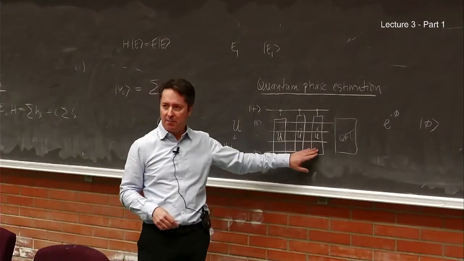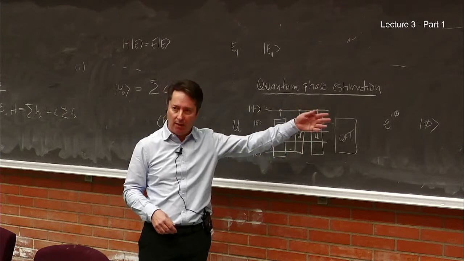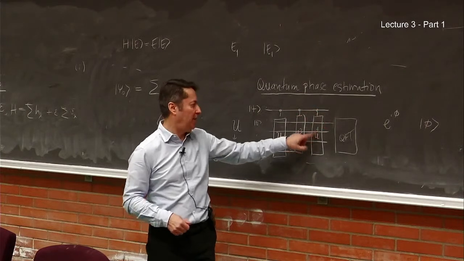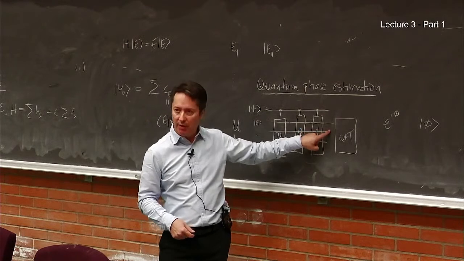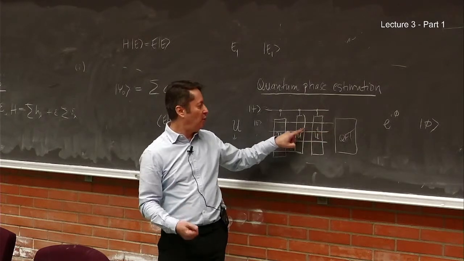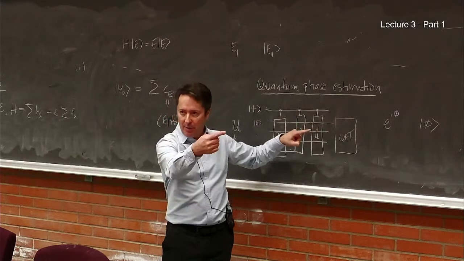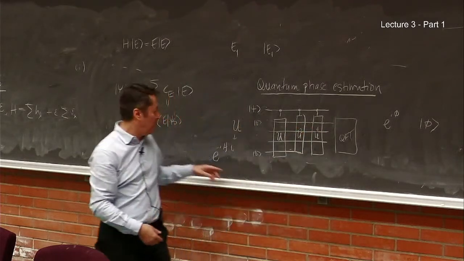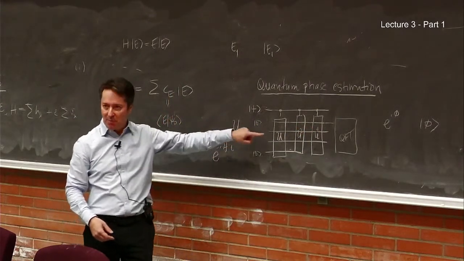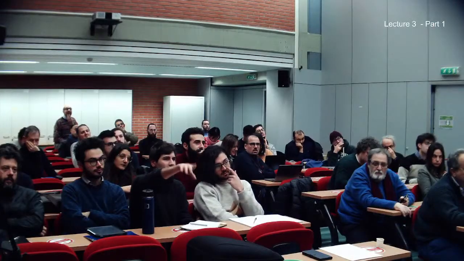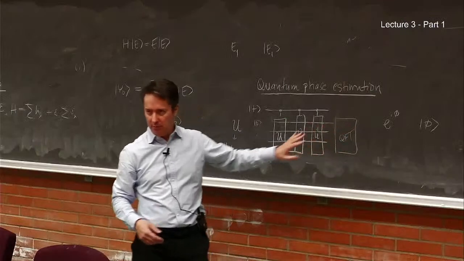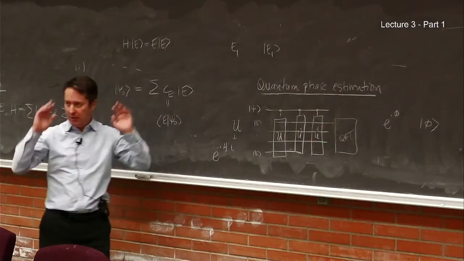You will have an exponential in n to get some epsilon. The number of times that you do it is polynomial, but you're doing an exponential of this number, so the total time when you run your algorithm goes exponentially with n. So the circuit here is exponential in n.